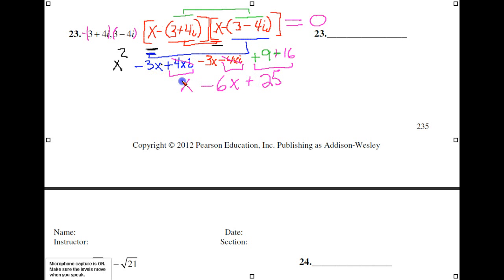And we have our x squared. And that's our equation. That if we were to put it into the quadratic formula, we get these as answers. And that's the little supplement.